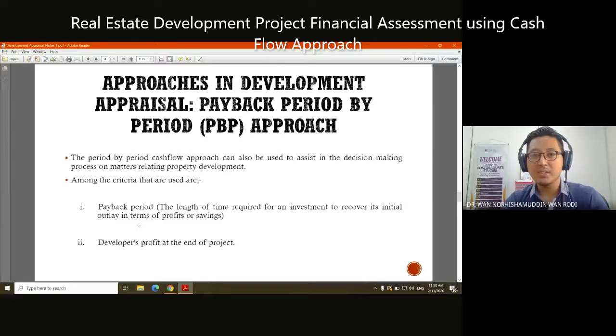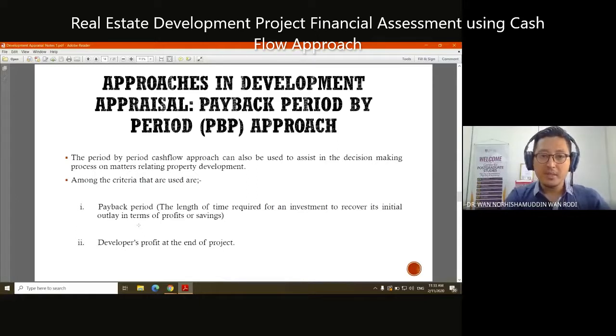This kind of approach is also quite complicated compared to DCF, whereby it uses the capital outstanding from the previous period, and it will also use the simple interest calculation.